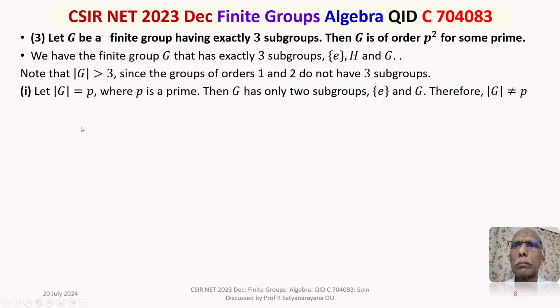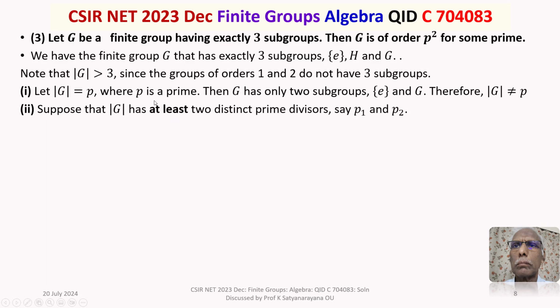Then possibility 2, case 2. Suppose that the order of G has at least 2 distinct prime divisors, say p1 and p2. That means p1 divides the order of G, and p2 divides the order of G. Now recall Sylow's first theorem.